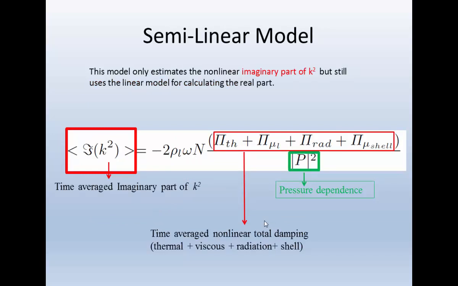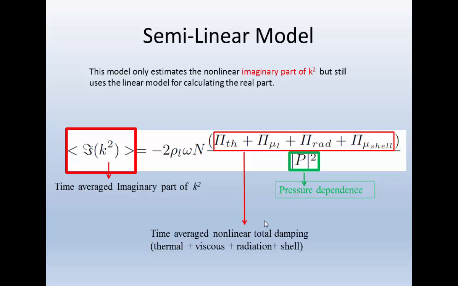Recently, another model was developed by Louisnard to account for the nonlinear attenuation of the waves in a bubbly medium, and he found the imaginary part of the wave number squared in a nonlinear way, but it still uses a linear model for calculating the real part.